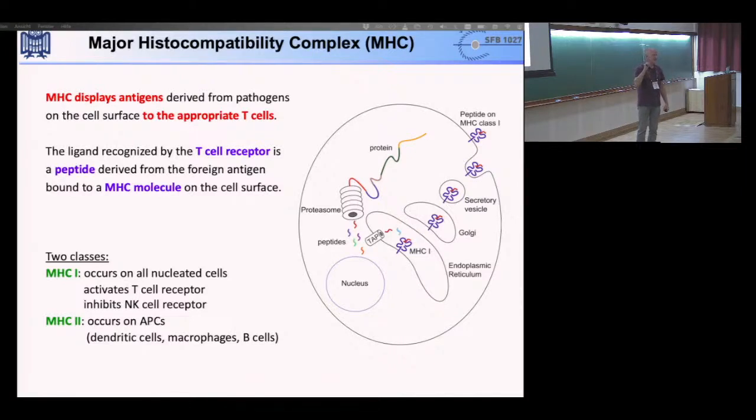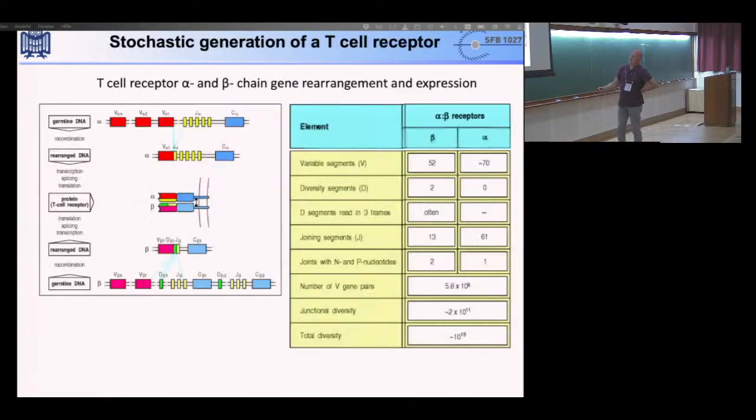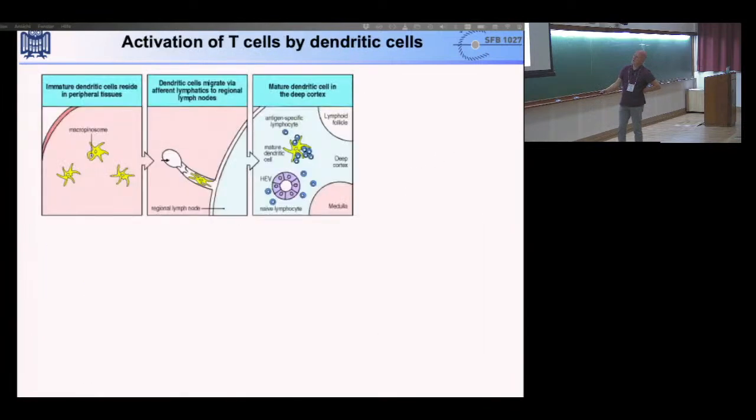NK cells have receptors that unlock known locks, so they carry inherited information, as I showed in the first slide.